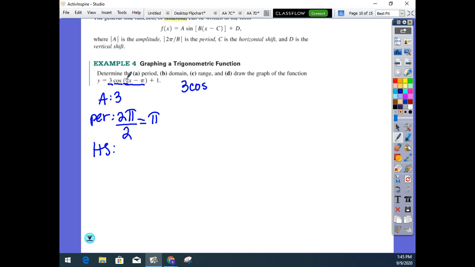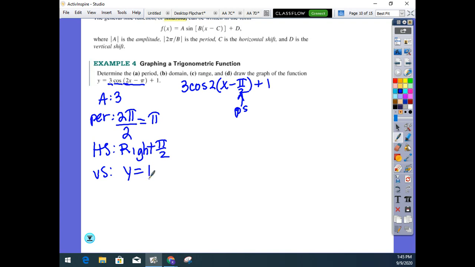I like to factor this number out and divide everything in by 2, because when you do that, this is your phase shift. See, this is with the x, so it moves in the x direction. So I'm going to move the horizontal shift to the right, pi over 2, and that plus 1 on the end is our vertical shift. So we're moving everything up the y-axis by 1.